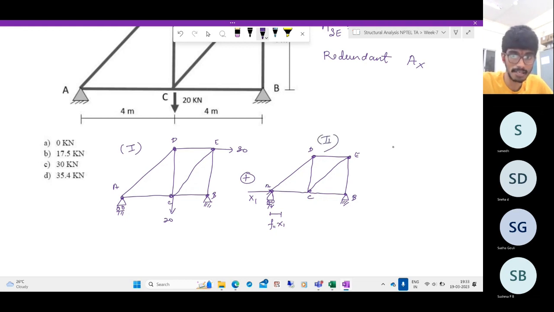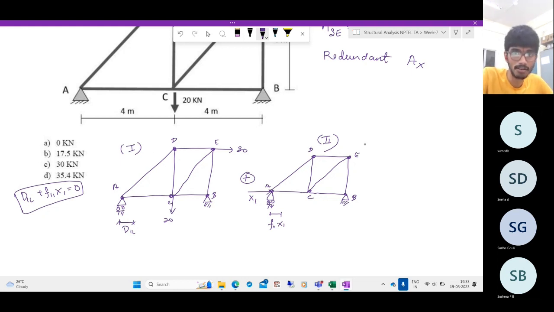So what is the compatibility condition? In this structure, suppose it displaces by D1L. Here it's F11 X1. The compatibility condition is D1L plus F11 X1 is equal to 0. Now let us determine the forces in these members.